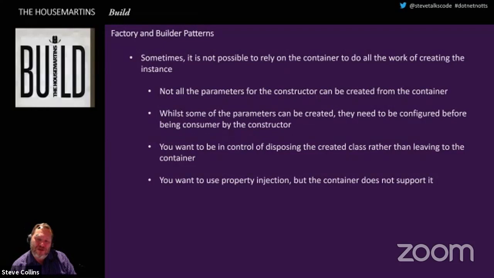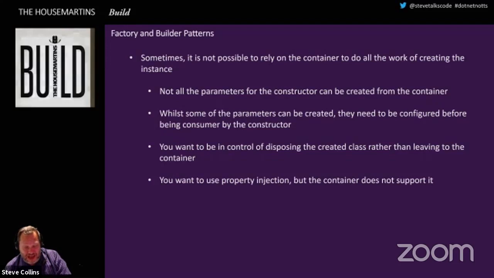Factory and builder patterns. Again, these are sort of part of the Gang of Four. Sometimes it's not possible to completely rely on the container to do all the work of creating the instance for you. There may be several reasons. It might be that the parameters for the constructor on your implementation just cannot be resolved from a container.